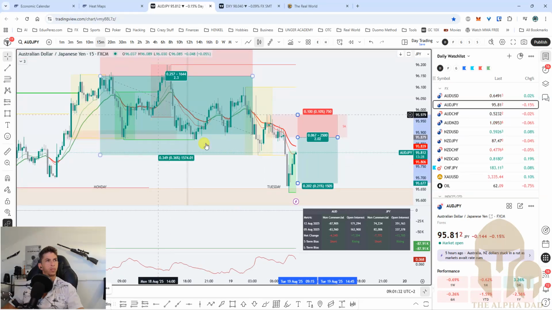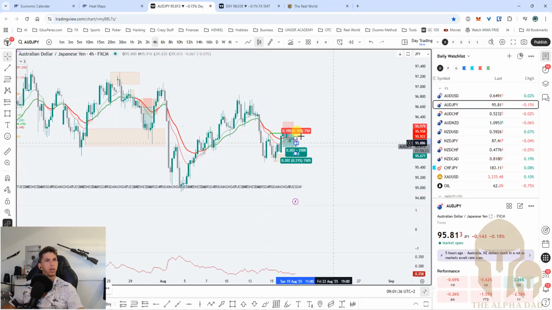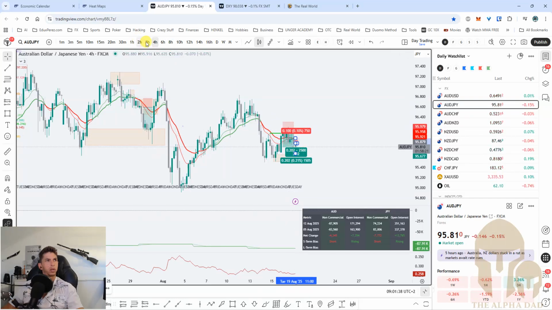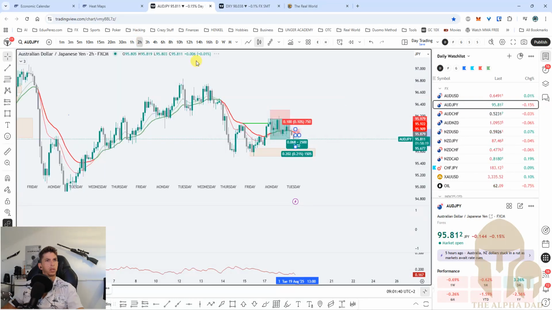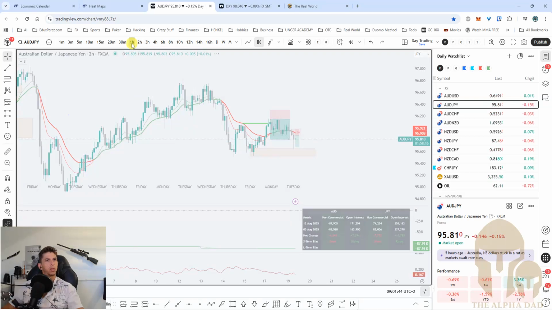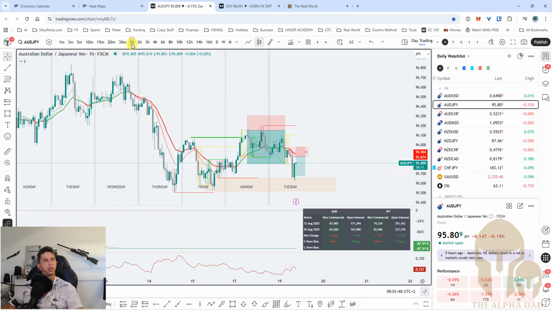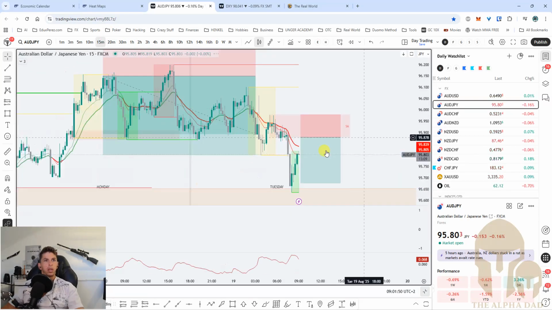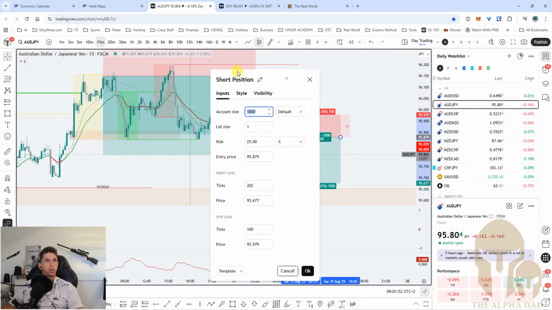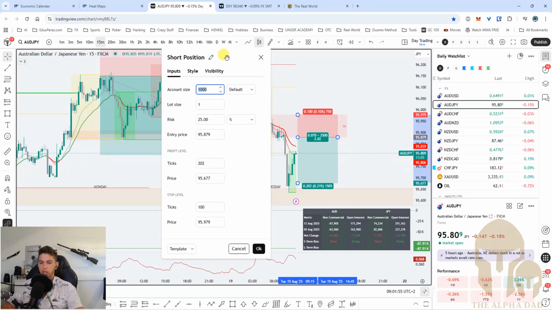You see, we are bearish on the 4 hour, 3 hour, 2 hour, 1 hour. Actually, I really like this position. So we're gonna see this, and I'm gonna take a screen capture.